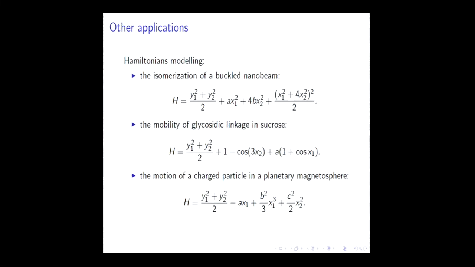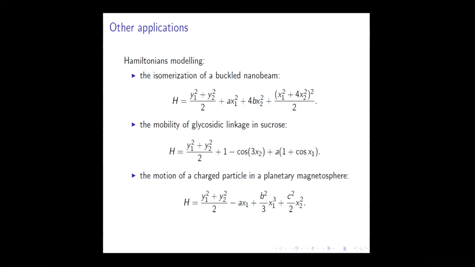So there are many examples in the literature. We found some funny names, but with Hamiltonians that we can work with, like buckled nanobeam, nanotechnology. This other strange name here in chemistry.